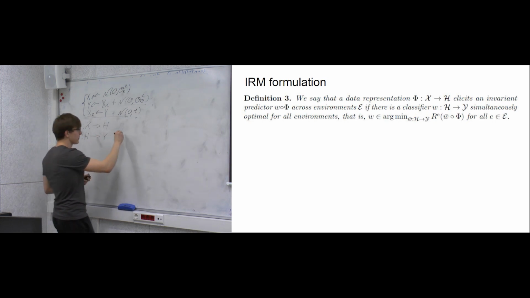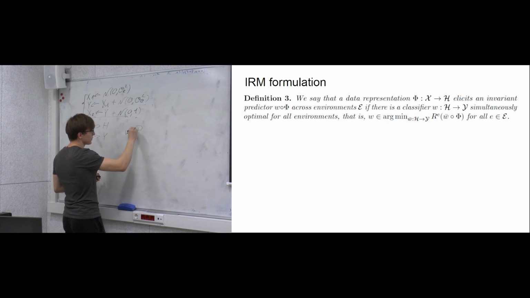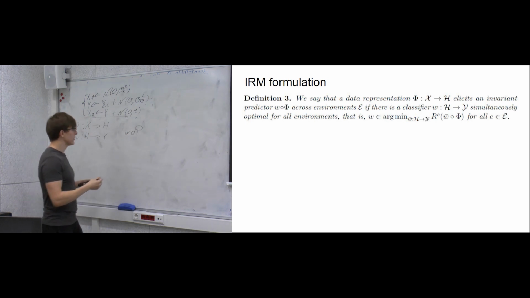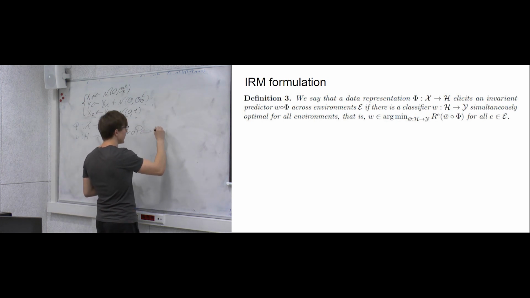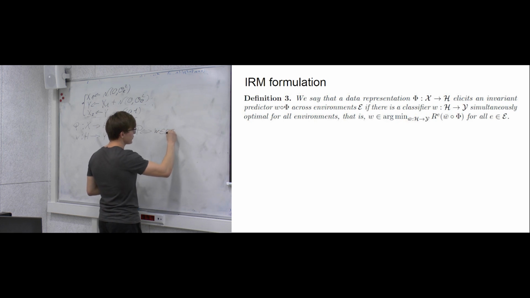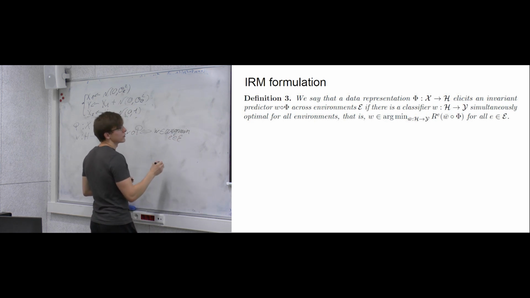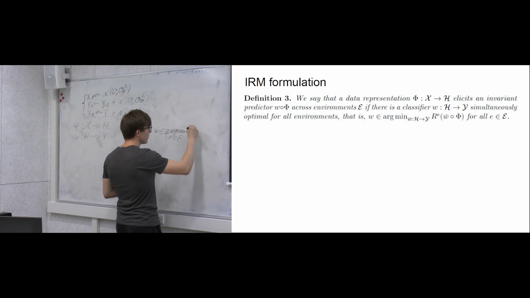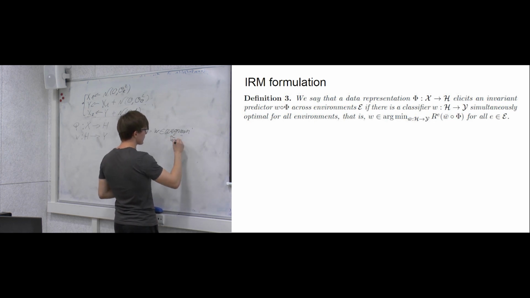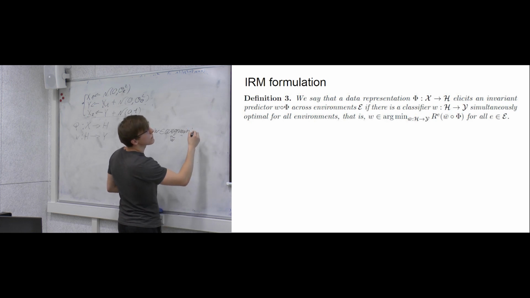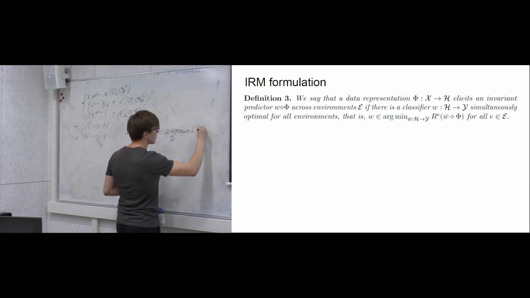I say that my predictor w by phi is invariant if and only if my classifier is the optimal one across all the classifiers on top of that representation for each environment from some set of environments.